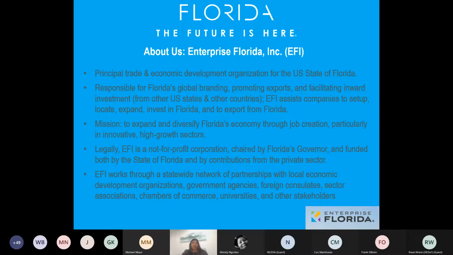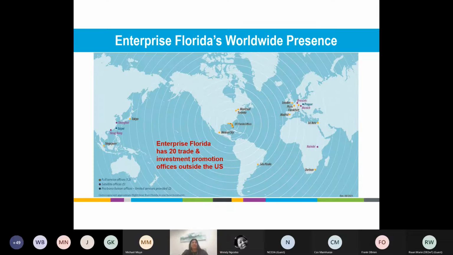EFI supports companies in their setup, relocation, expansion, or investment into Florida, and helps Florida companies export to international markets. EFI works through a statewide network of partners, which include local economic development organizations, government agencies, foreign consulates, sector associations, chambers, and other partners. Next slide, please.